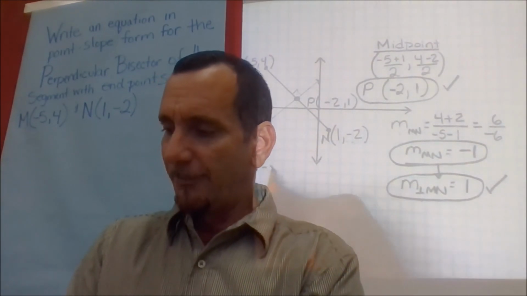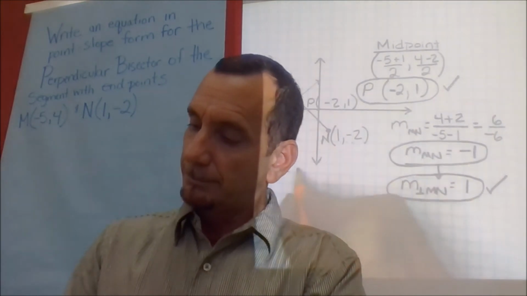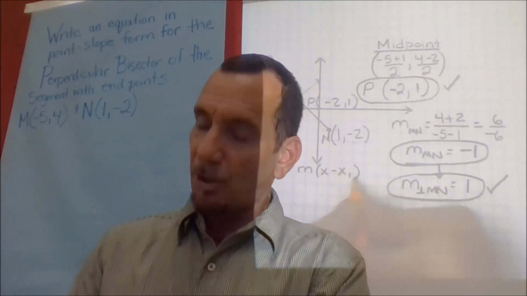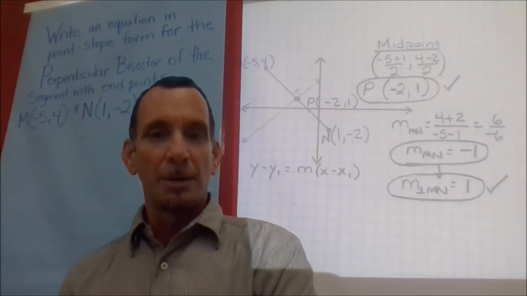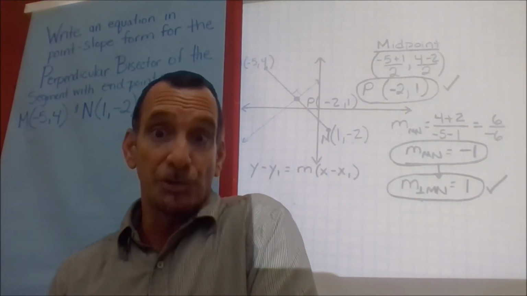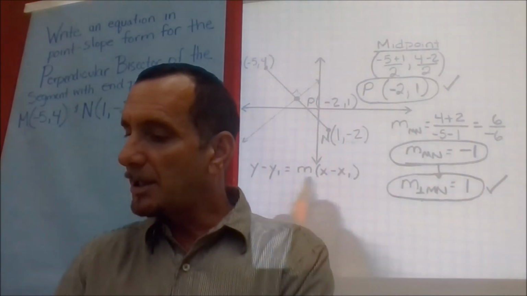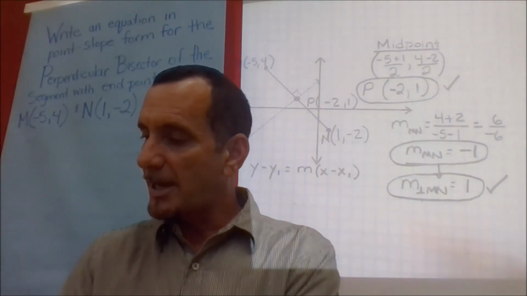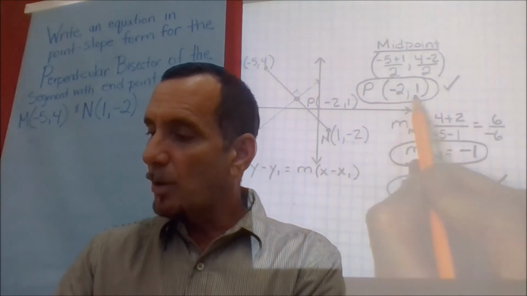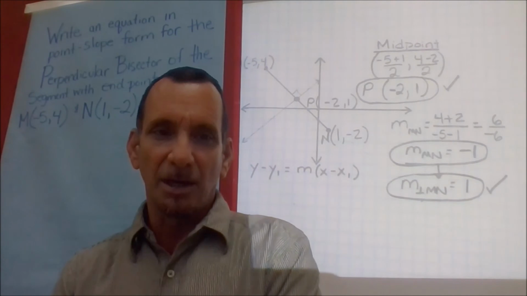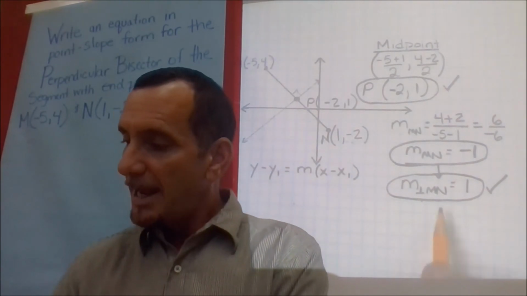Point-slope form. Great formula to know and memorize, use in many situations. Y minus y1 equals m times x minus x1. Well, here's my x1 and my y1, and since we're so used to working with these, I'm going to take a couple of little shortcuts, and here's my slope.